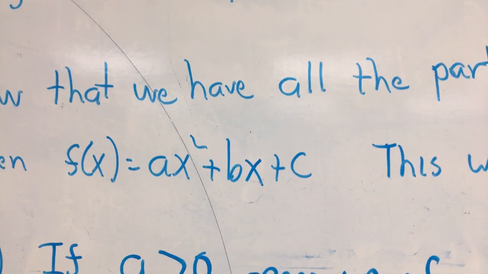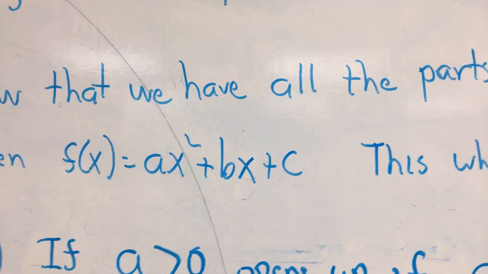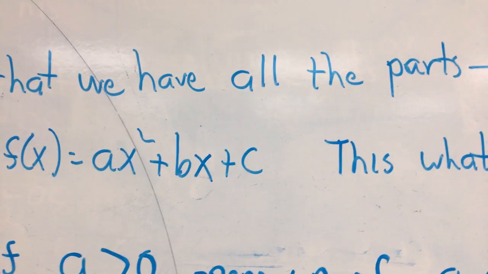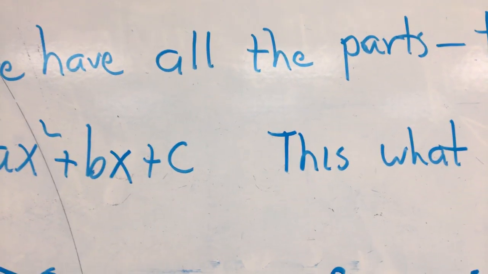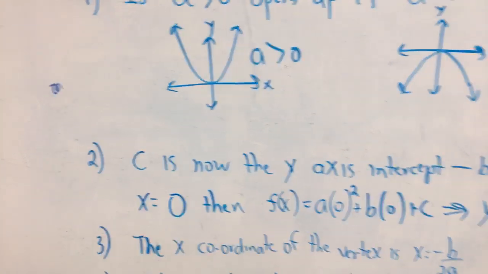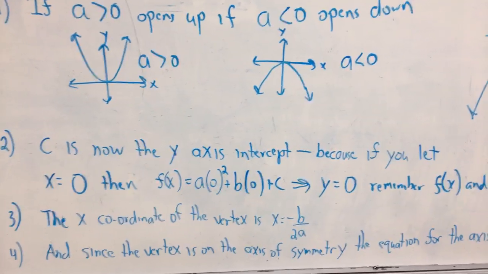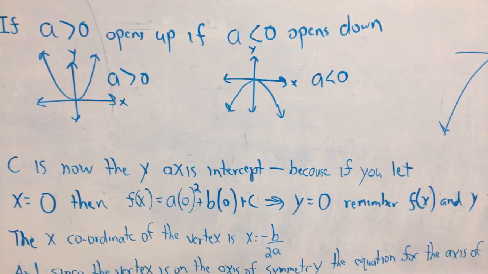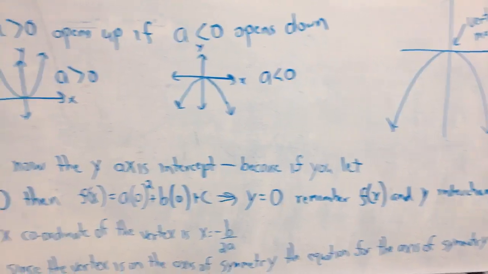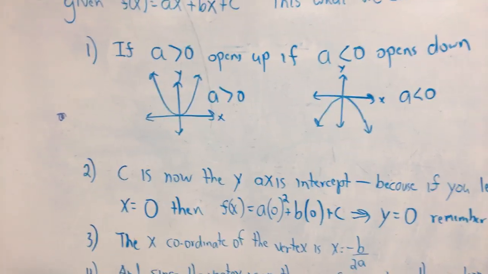So I can safely conclude that if x is equal to 0, then c is the y-axis intercept. You can look at that number hanging on the end, and that's where it will cross the y-axis. You've got nothing left but c. Okay? All right. Then the x-coordinate of the vertex.